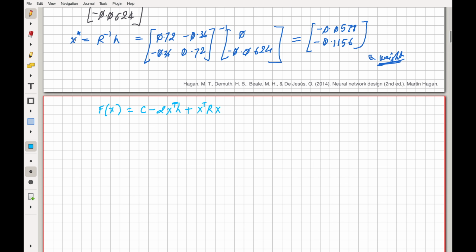We have previously derived this equation, so if you are not sure how we got this, I suggest watching one of the previous videos. Because we have this, we already know x, r, and h, so all we need to do is find the c right here.